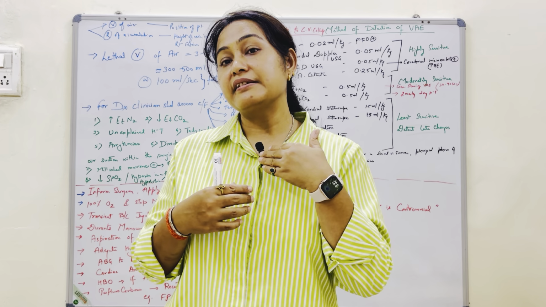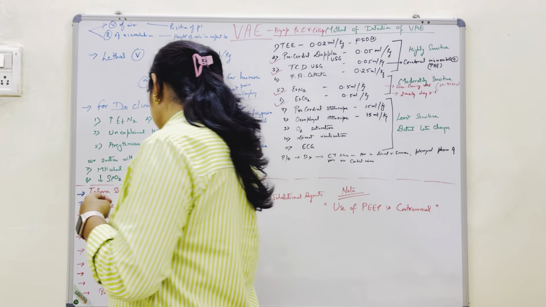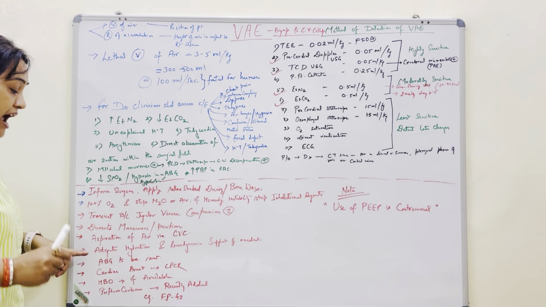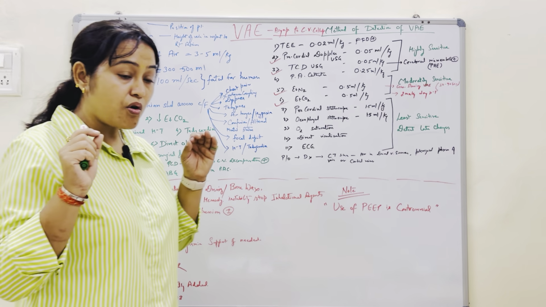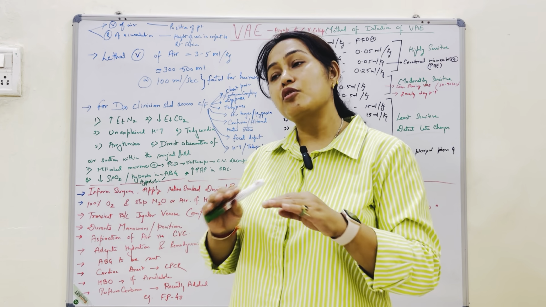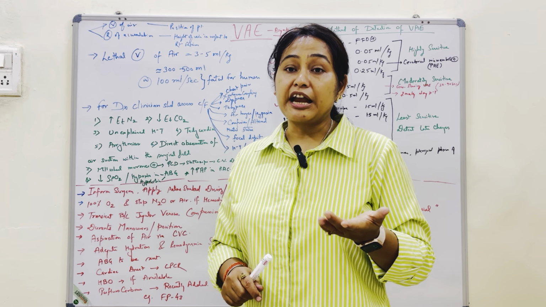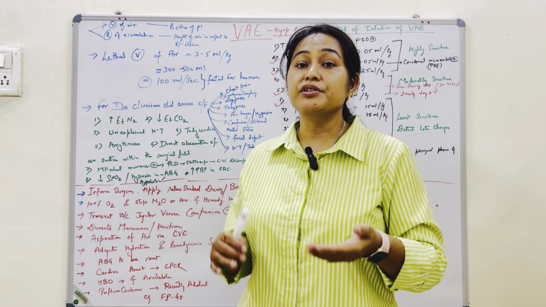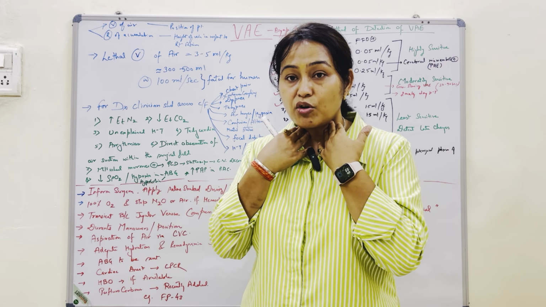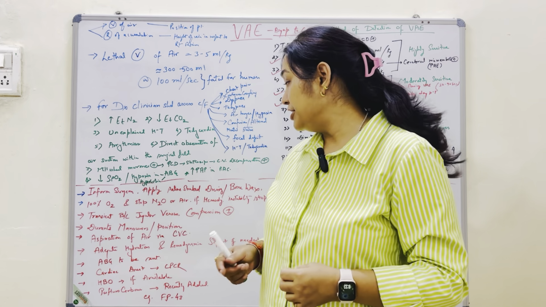If the central line is there, then immediately we can aspirate the air through the central venous catheter. Adequate hydration should always be done in cranial surgery or sitting position or in any case, because giving adequate fluid to the patient will raise the CVP also, right? So there are fewer chances of air entrainment.